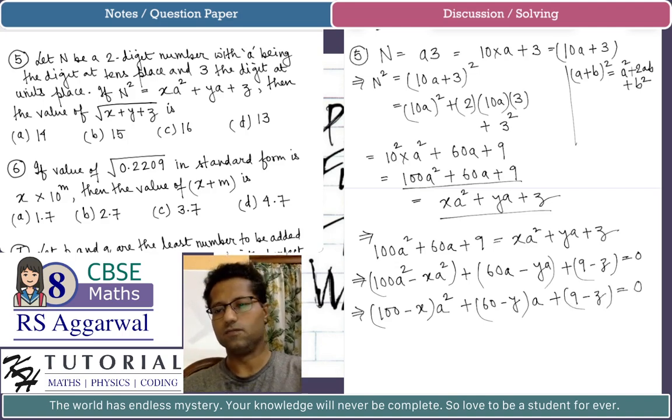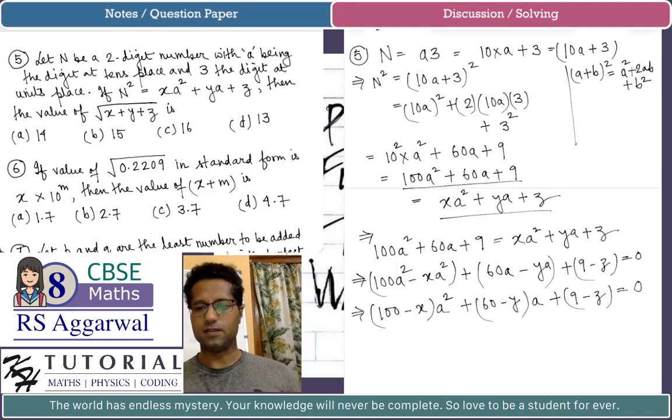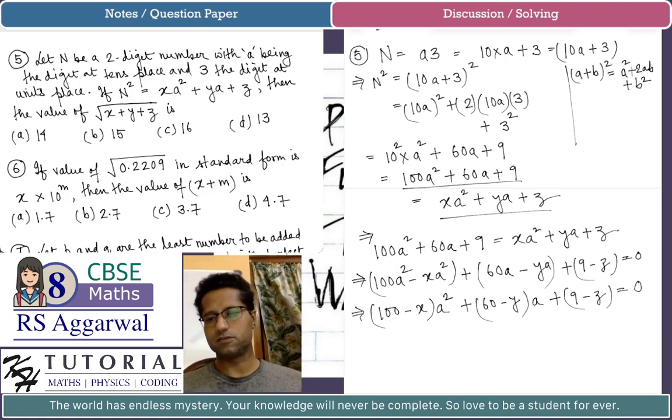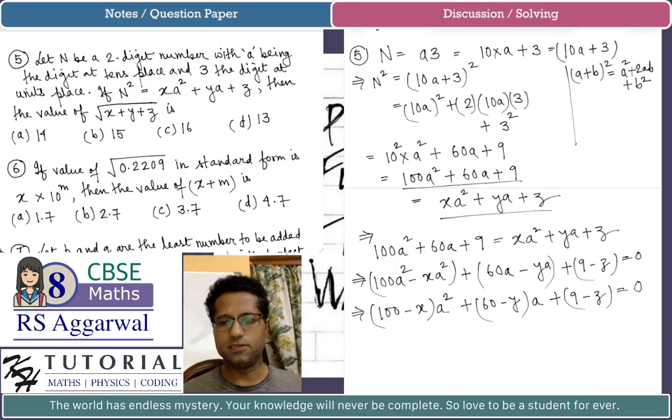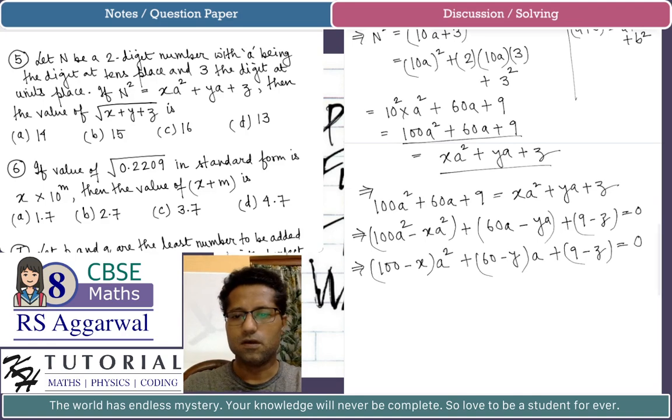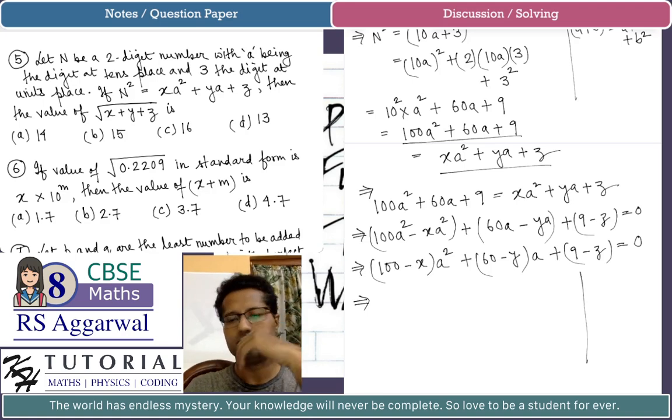Now we can see the right hand side is 0 and the left hand side is an algebraic expression having three terms, where the first term contains a square, the second term contains a, and the third term is a constant.